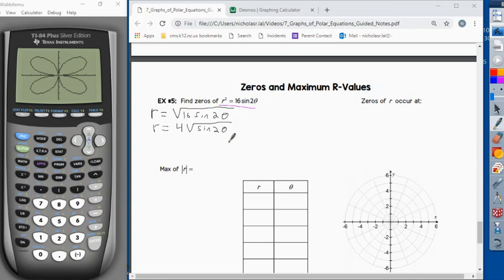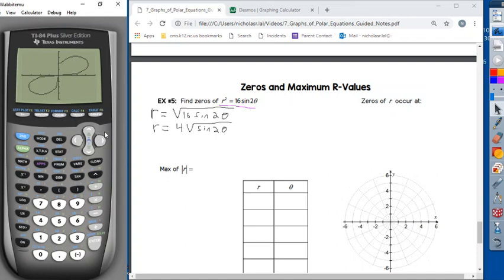Alright? And so this is going to be a figure 8. Graphing this equation, if you have 4 times the square root of the sine of 2 theta, it's going to give you a figure 8 style equation.